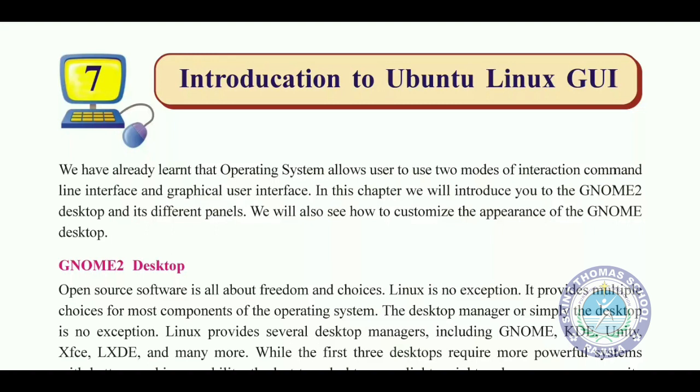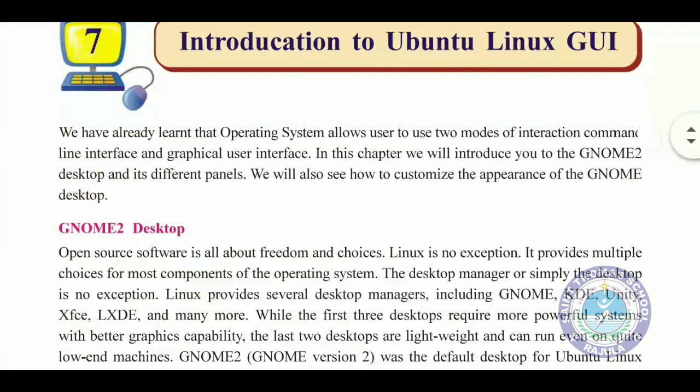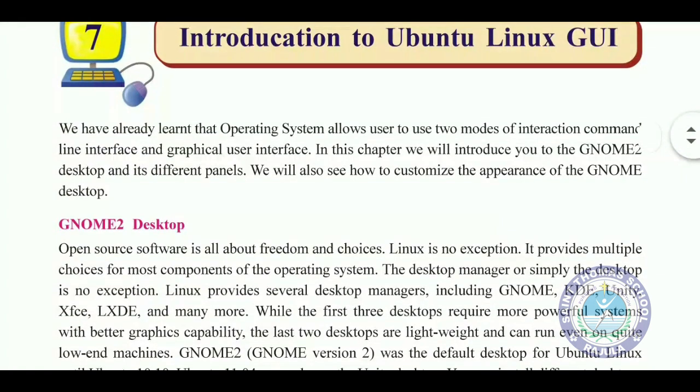Command line interface is based on a textual mode and works with the keyboard only, and we have to remember commands in it. Next is the GUI, graphical user interface. That provides us a graphical interface through which we can interact with the system.